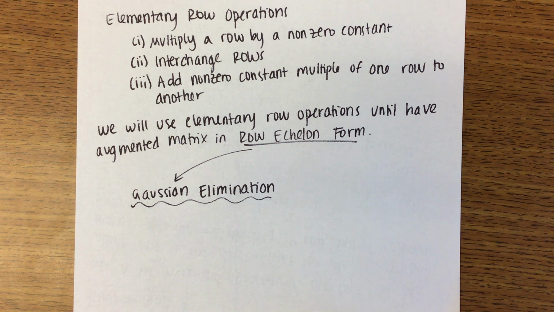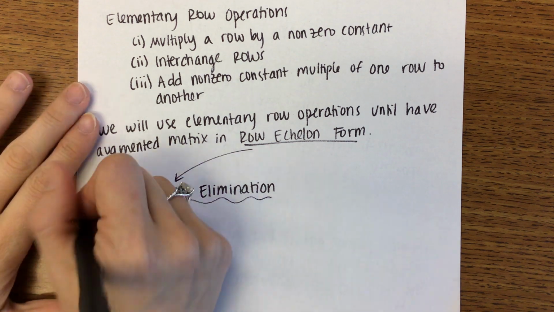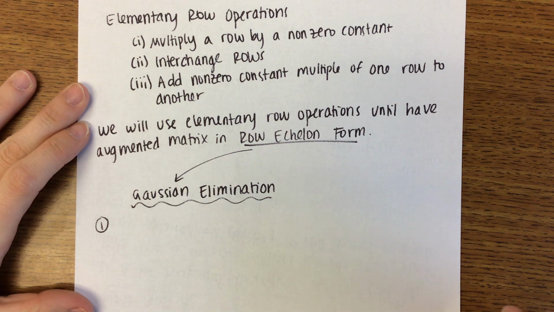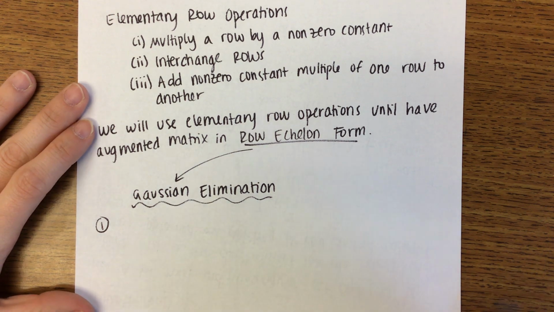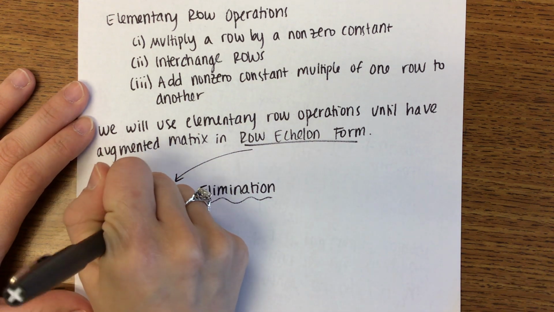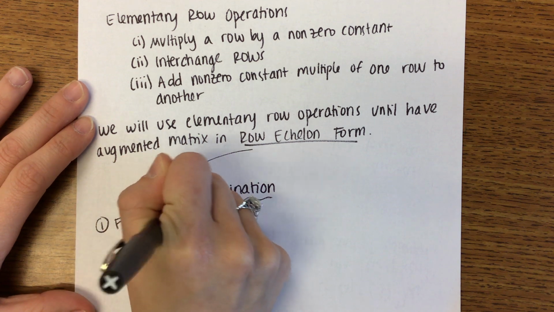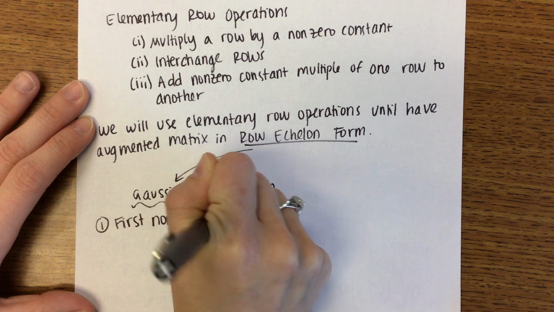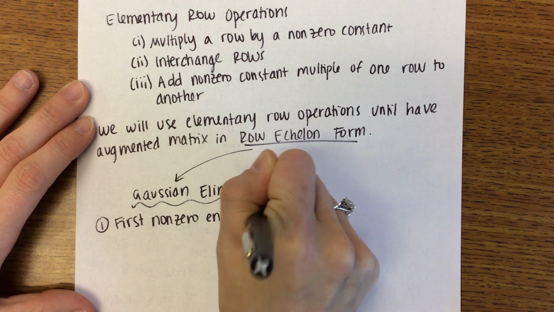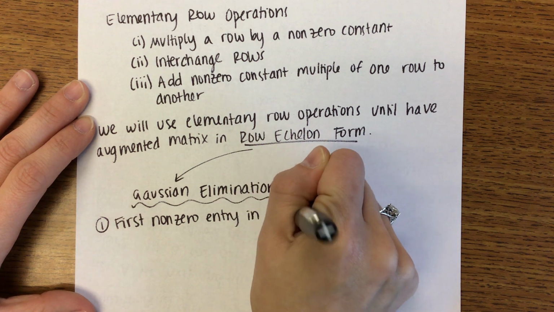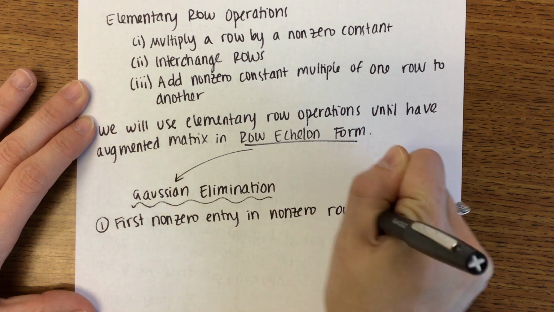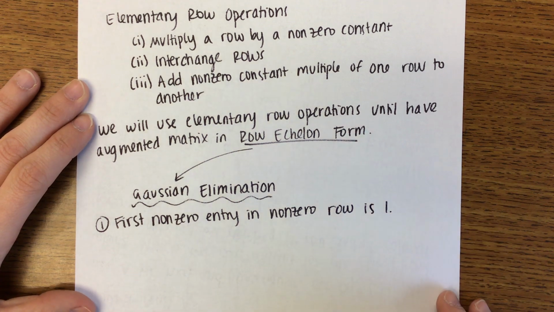Row echelon form has 3 main characteristics. First characteristic, if a matrix is in row echelon form, is that the first non-zero entry in any non-zero row is 1.